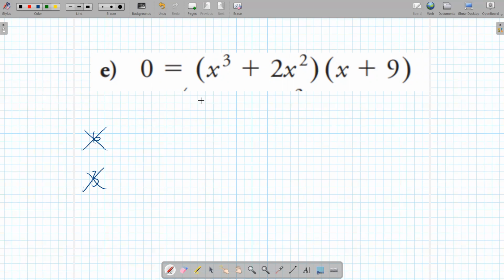Once you open the brackets, though, this is not in standard form. If you were to open the bracket, you would get this times this, right? You'll get an x^4 component and nothing else is going to beat x^4. So this is a degree 4 polynomial. Okay. The question is now, how do we find the x-intercepts?